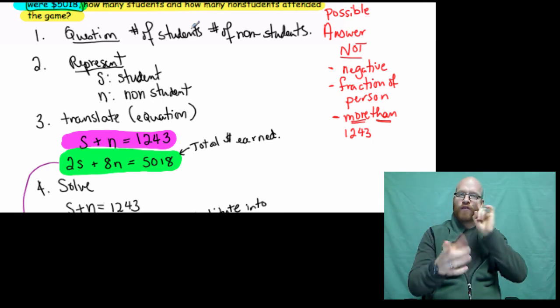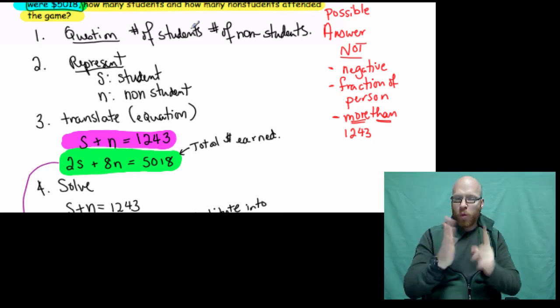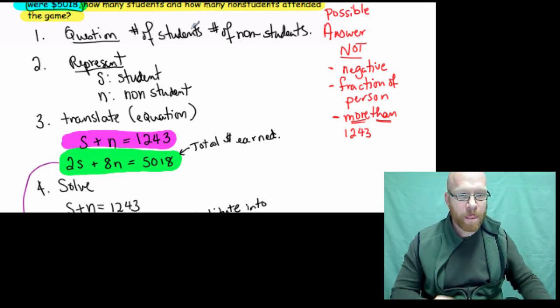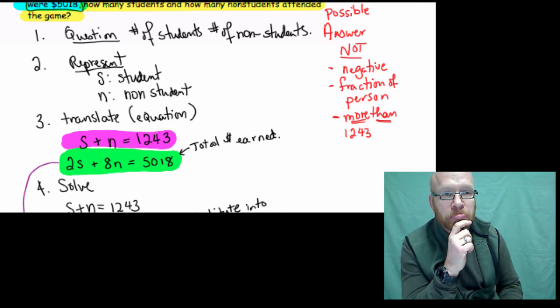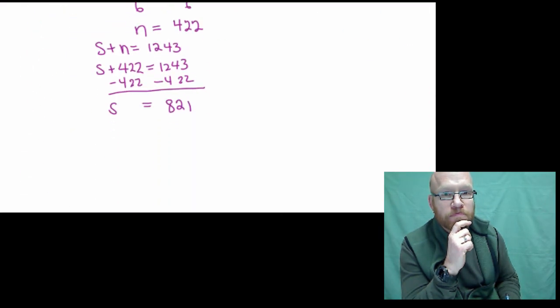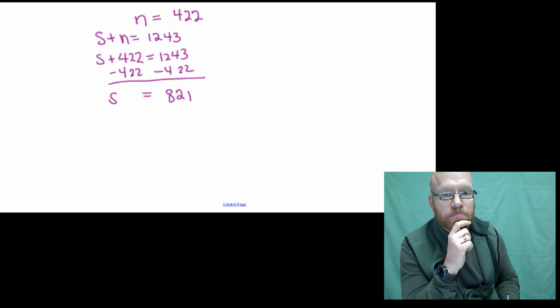So now, 2S plus 8N equals 5,018. We need this equation plus the other one, S plus N equals 1,243, to check our answers.